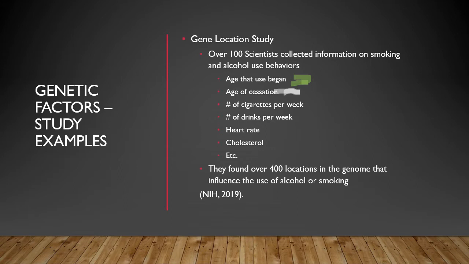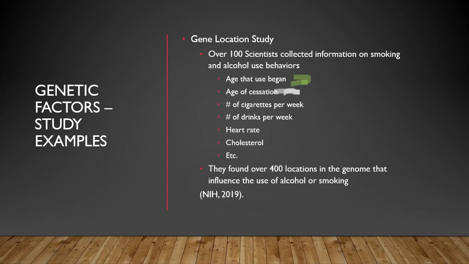So based on your genes, and you may know from your science classes that you've taken in school, or maybe you're just curious and you learn this outside of school, that we have 46 chromosomes as humans. We have 23 pairs. They come in pairs of two, and we have 46 chromosomes. So on those 46 chromosomes, there's over 400 different locations that they've seen a connection with alcohol use or smoking.